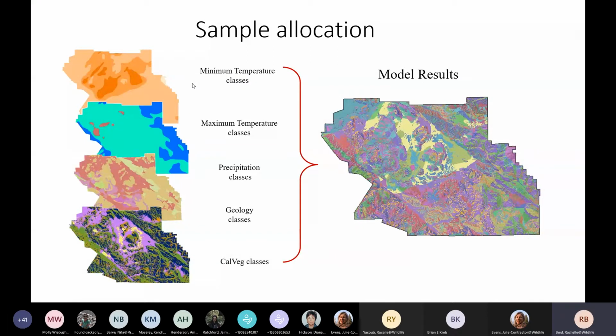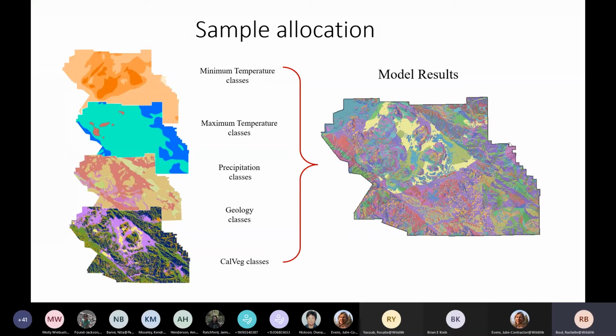unique vegetation types should grow. So Rosie specifically for this project used the coarse CalVeg layer that was available for the project area, also the National Wetlands Inventory layer and the CAL FIRE layers to identify where these unique vegetation types should grow. And then she randomly generated points to direct the field crews to those areas.